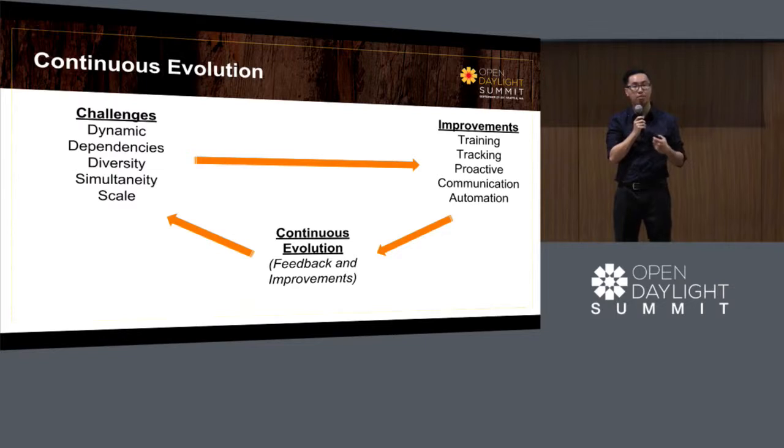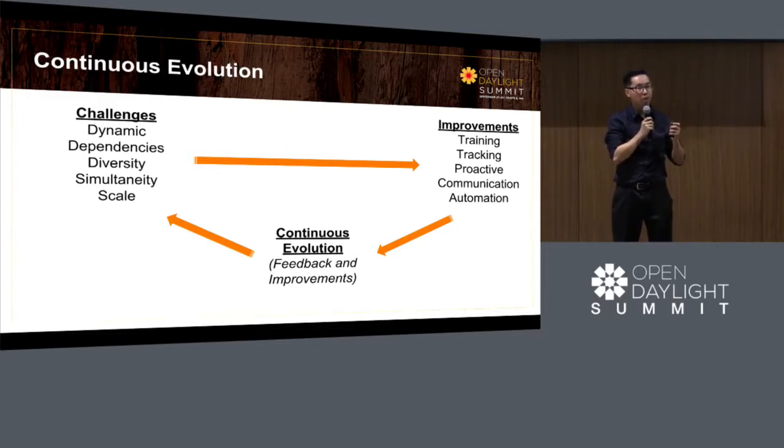We introduce various improvements to our training, to our tracking, and we also try to act as proactively as possible, addressing issues and concerns before they arise or coordinating cross-project activities before they start becoming big issues.